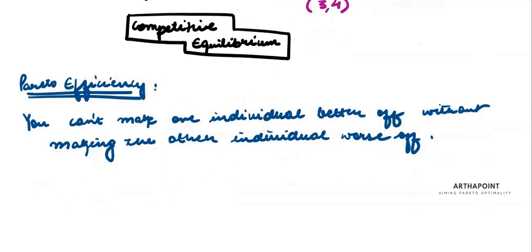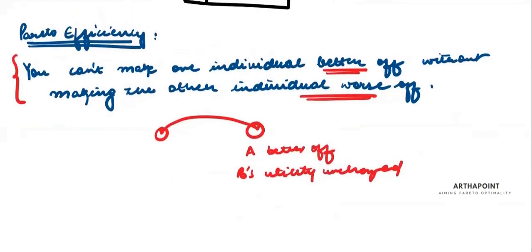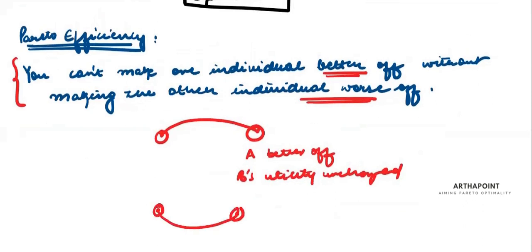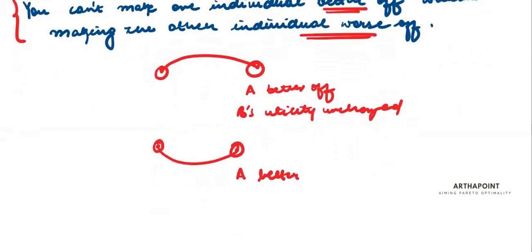If you're able to make one individual better off without making the other worse off, so if there is a point from which you move to another point such that A is better off and B's utility is unchanged, or you have a point from which you move to another point such that A is better off and B is also better off.